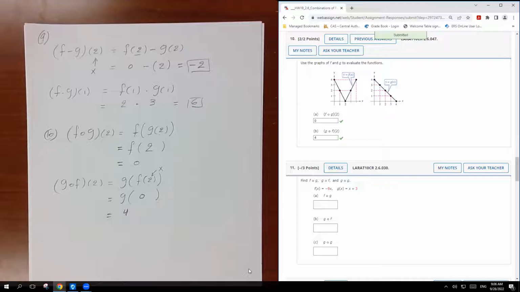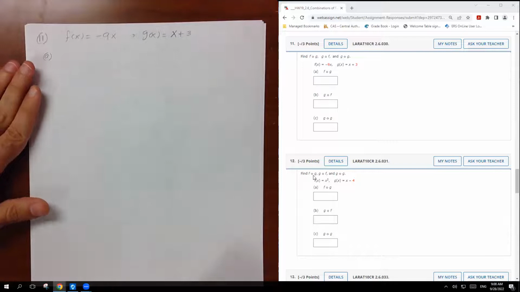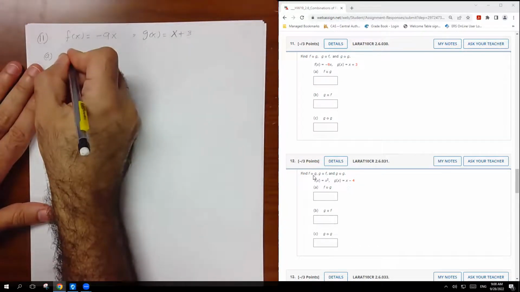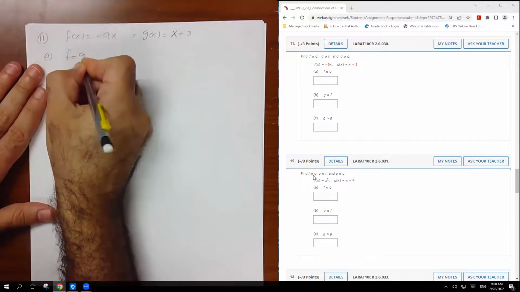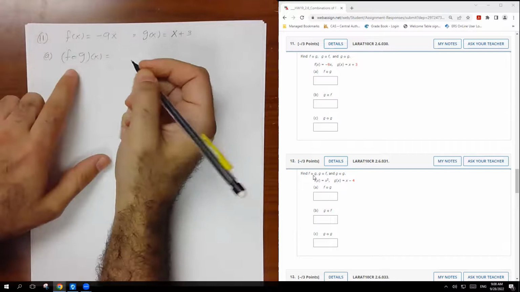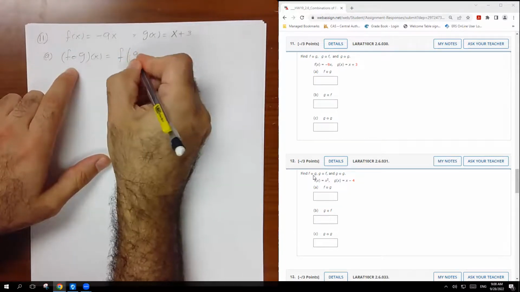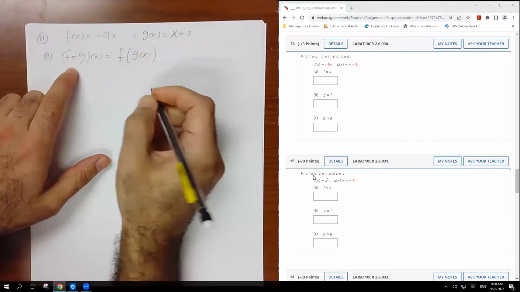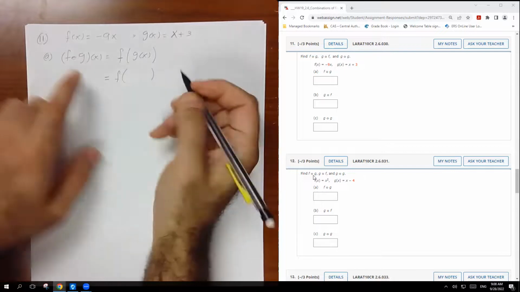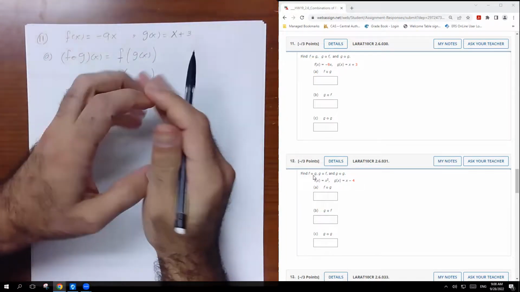Any questions so far? So the first one, I'm going to find f composite with g of x. That is going to be f is out, g of x inside. This is the rule. Now here is the f out. Now g of x is not a number, it's in general.